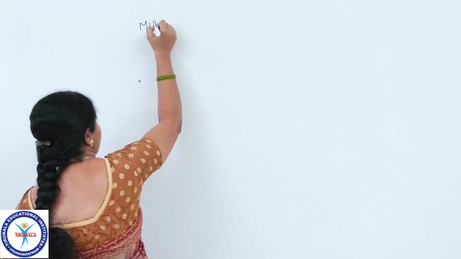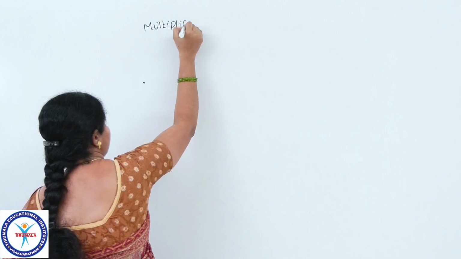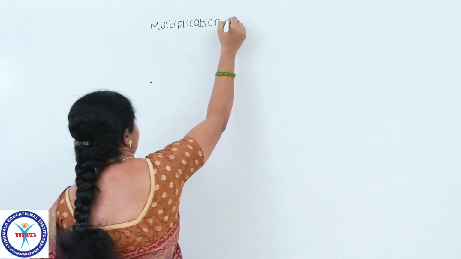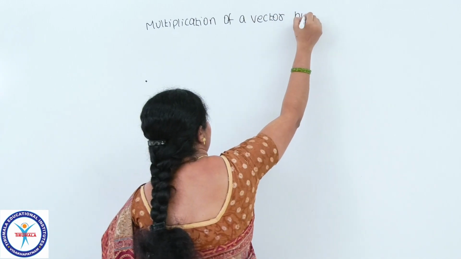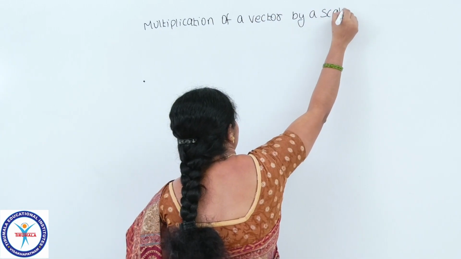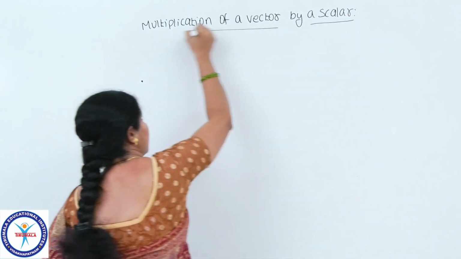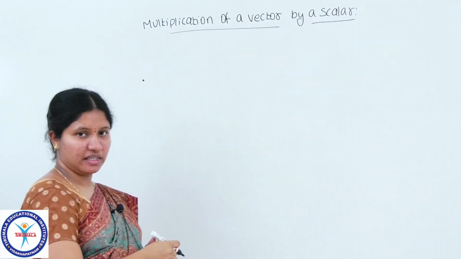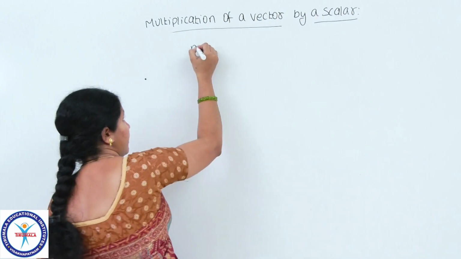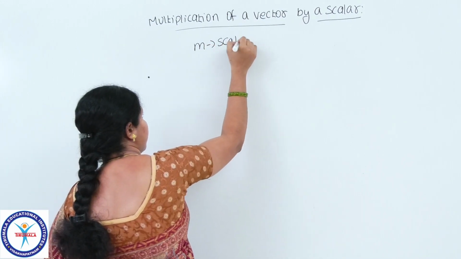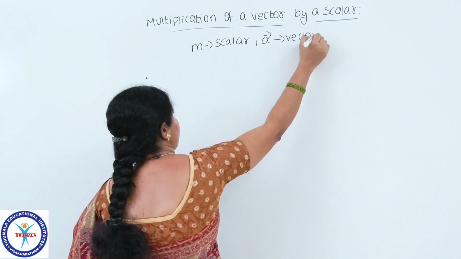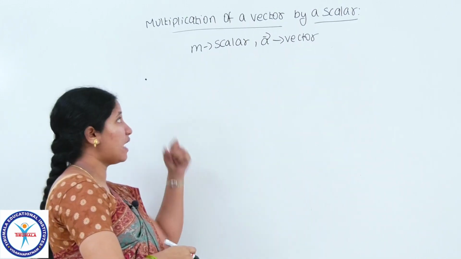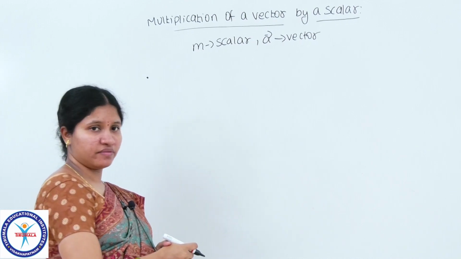So let us consider multiplication of a vector by a scalar. Let us consider m as a scalar and a bar as a vector.